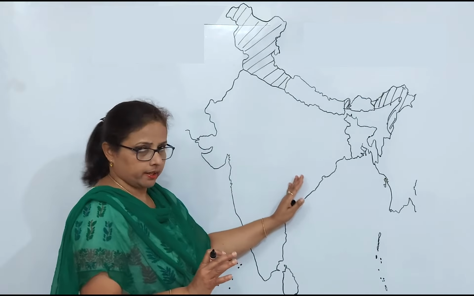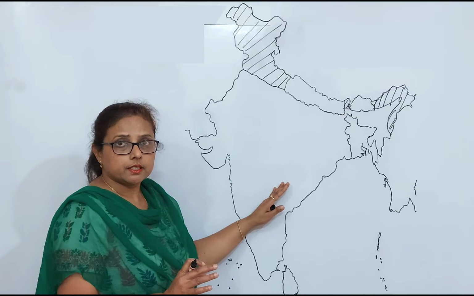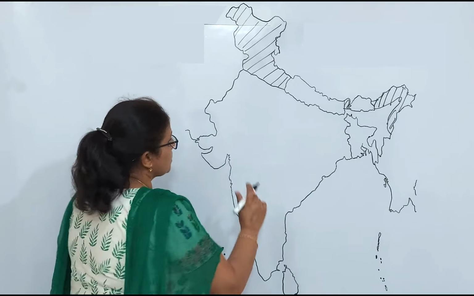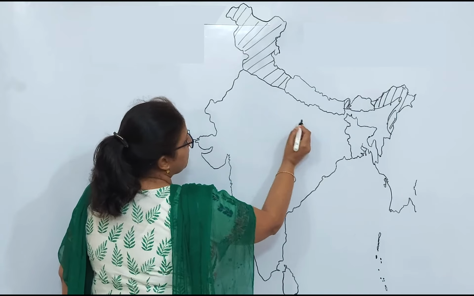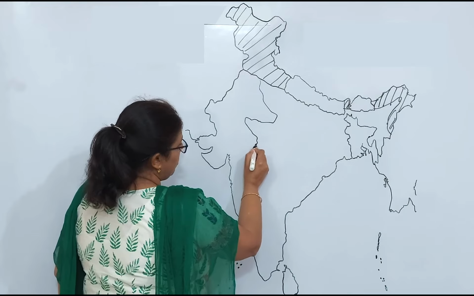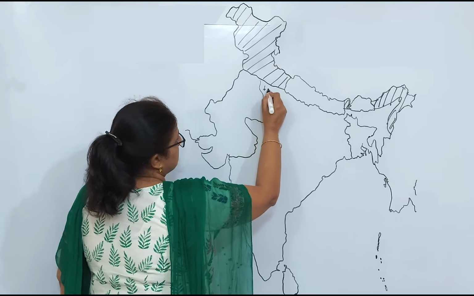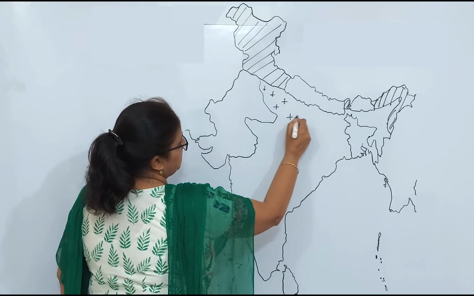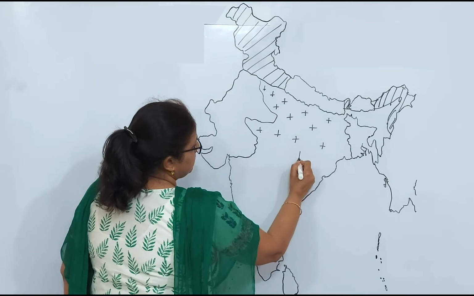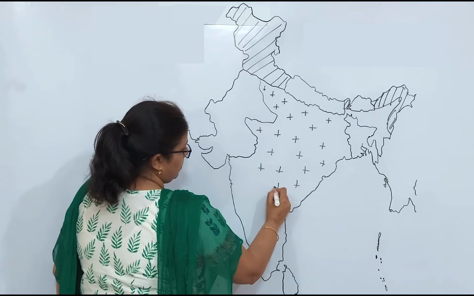So all these areas are included under the deciduous or tropical deciduous type of vegetation. I'll just mark these areas where we have the tropical deciduous type of vegetation. All these areas have a deciduous type of vegetation where the trees shed their leaves at least once a year.